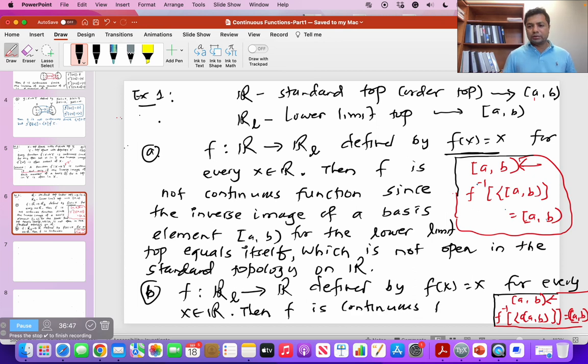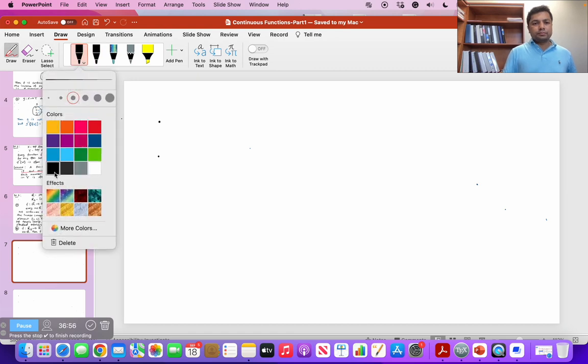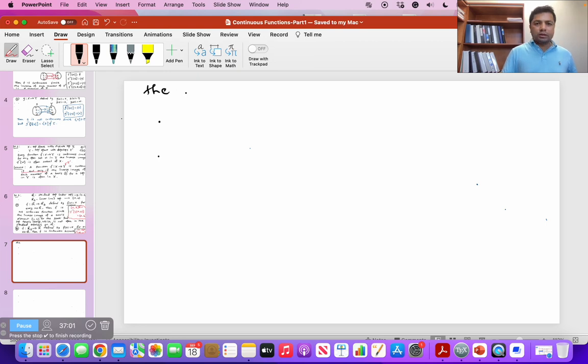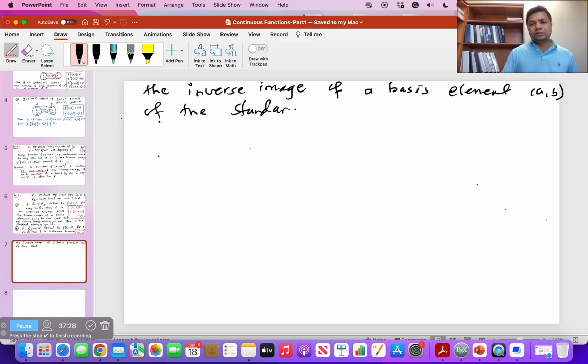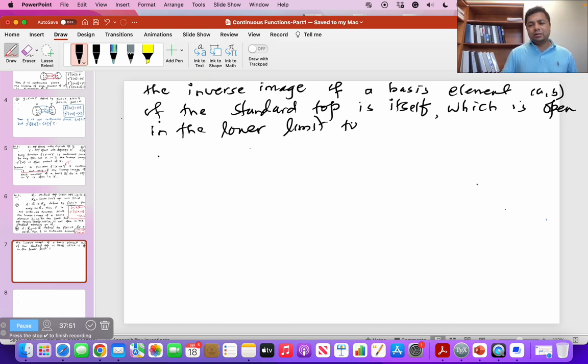f is continuous because, like I described here, the inverse image of a basis element [a, b) of the standard topology is itself, and which is open in the lower limit topology.